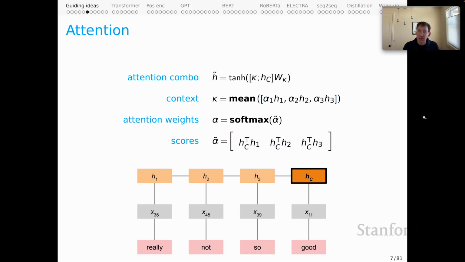Then finally, we get this attention combination h here, and that could be a kind of neural network parameterized function that takes in this representation plus the attention representation that we created here and feeds that through some parameters and a nonlinearity. And that finally gives us the representation that we feed into the classifier that we wanted to fit originally.